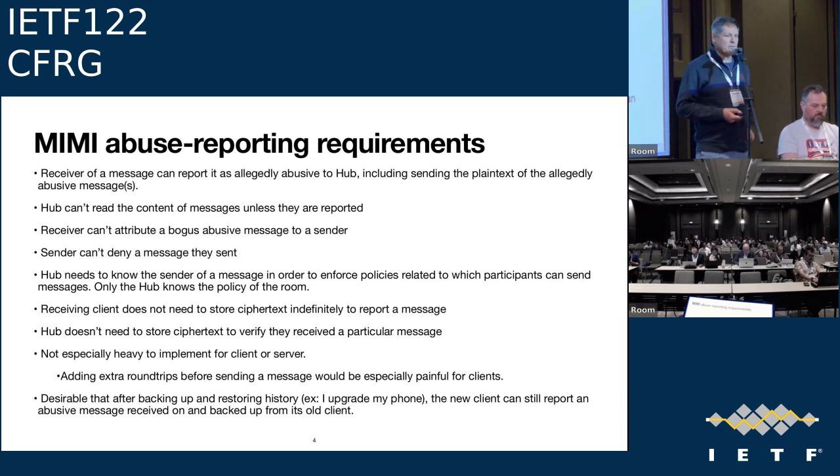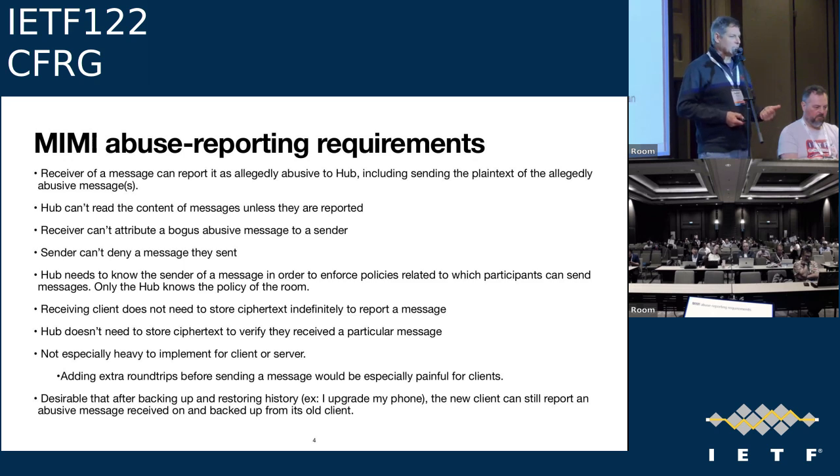The receiver of a message can report a message that it receives as allegedly abusive, and it does that to the hub. That includes sending the plain text of the allegedly abusive message or messages. The hub can't read the contents of the messages under normal circumstances, but it can if they are reported.